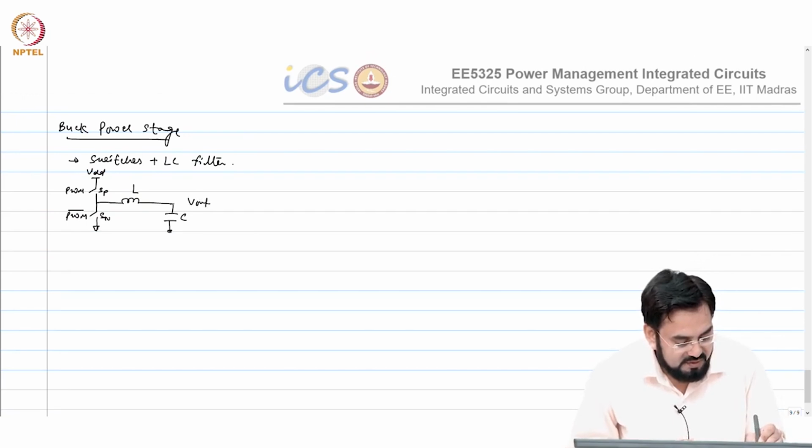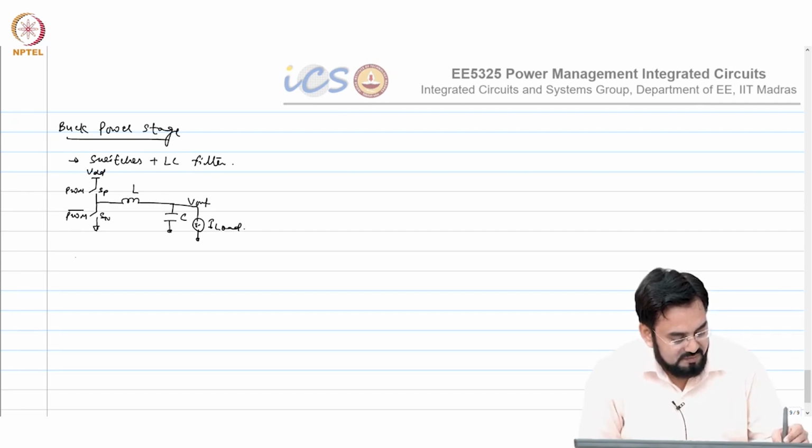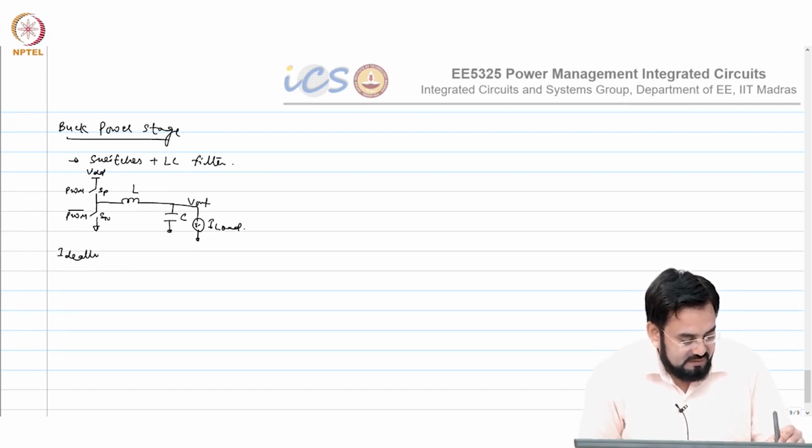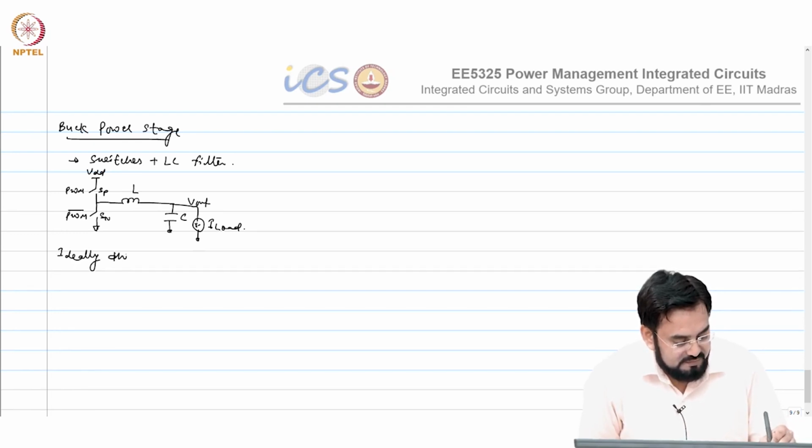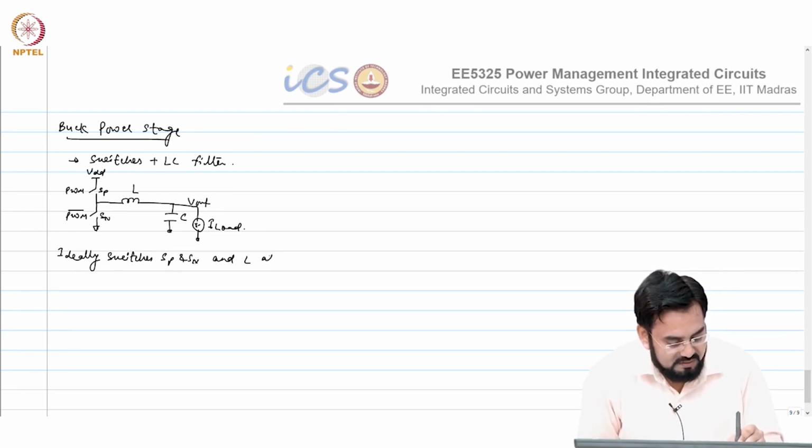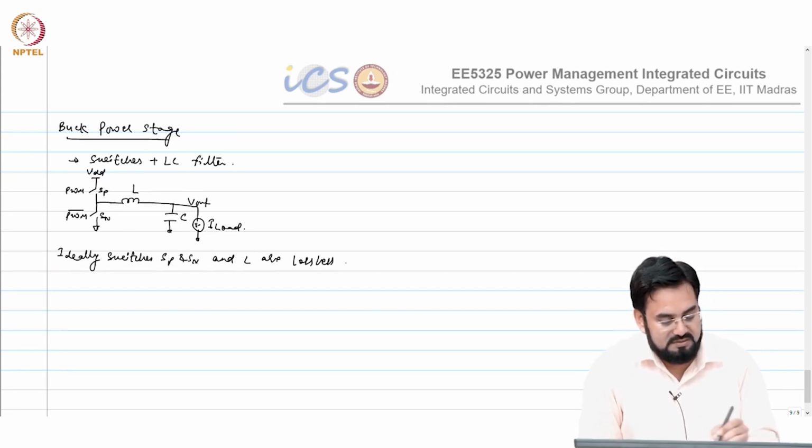If this has some load, ideally switches SP and SN and L are lossless.